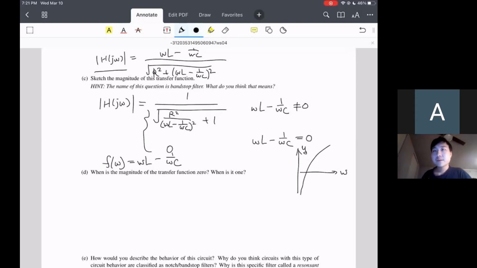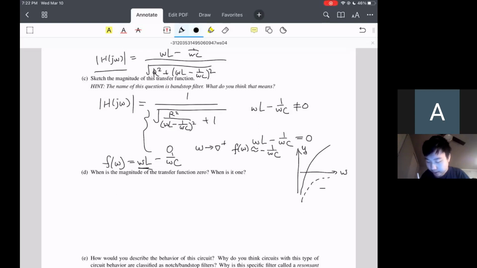How we get this diagram is sort of out of scope for 16B, but intuitively, if omega tends to 0 from the positive end, the omega L term is going to be close to 0, and so f of omega is just close to negative 1 over omega C, which has a diagram something like this.